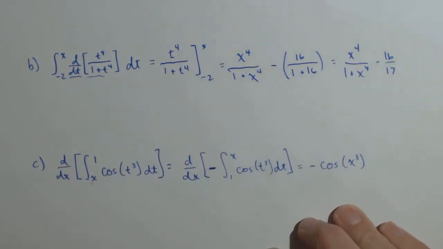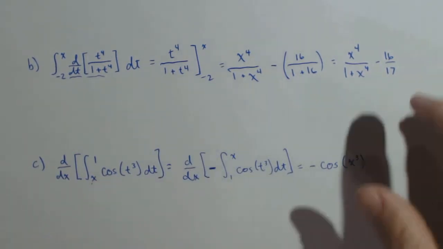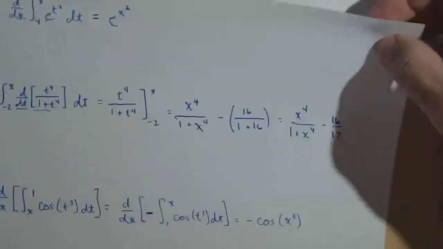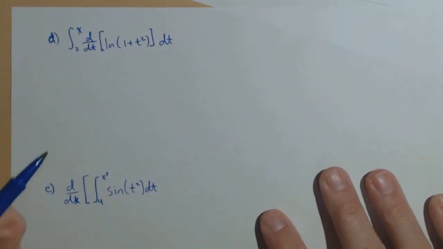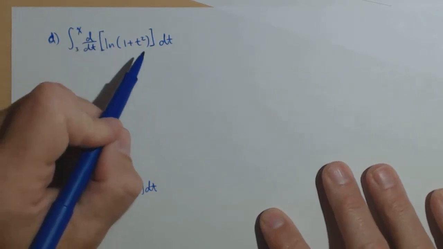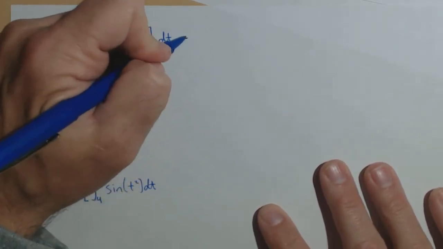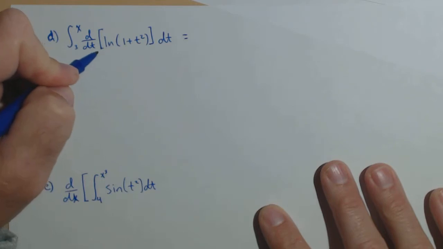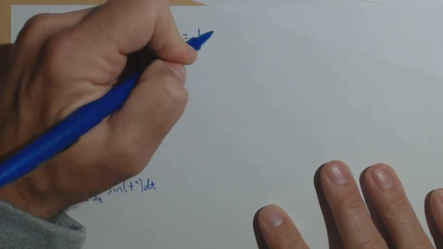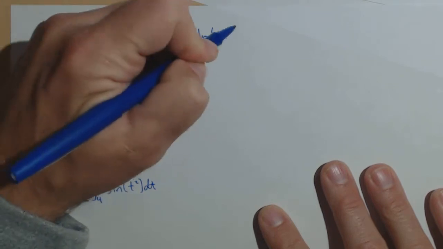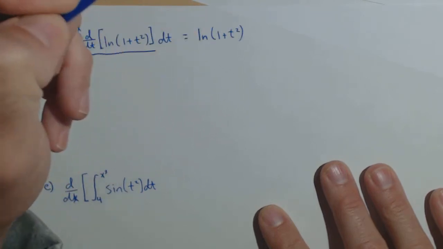So it's a pretty nice little theorem for these type of problems, and it has a lot of power moving forward. A couple more. Once again, this is going to be a case of the first fundamental theorem of calculus. So again, the antiderivative of this integrand is ln of 1 plus t squared.